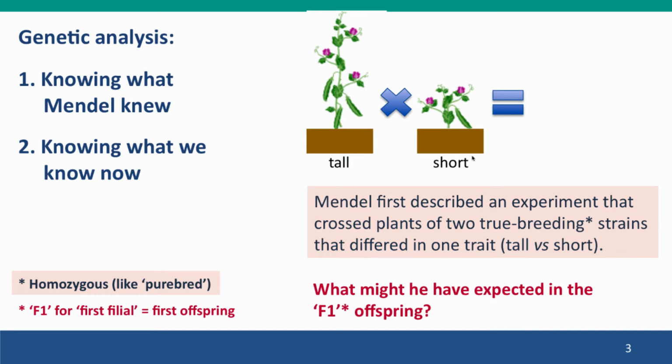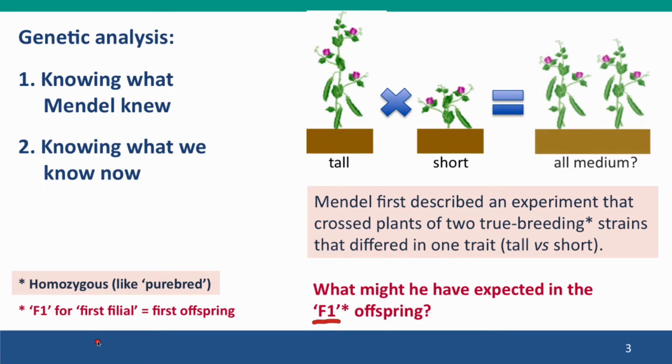What might he have expected in the next generation? And here's some more terminology. He called that generation the F1, which was short for first filial, where filial means offspring or children. So he might have expected that all of the offspring plants would be medium-sized, the average of their two extreme parents.